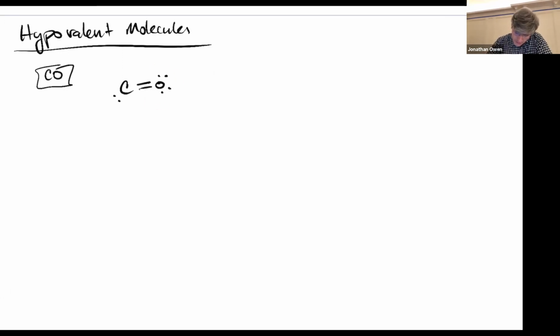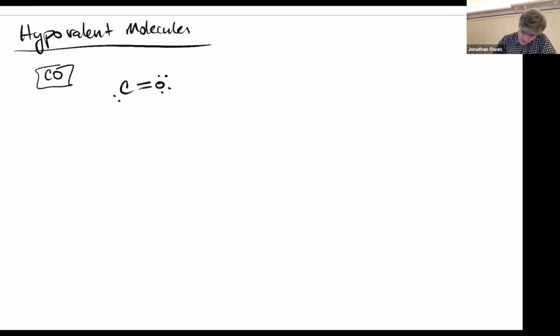Oxygen looks okay. Oxygen makes 2 bonds and has 2 lone pairs. That's normal. Carbon has 4 electrons and it used 2 of them to make bonds to oxygen. And there's a lone pair on the carbon to use up all of the valence electrons that it has to contribute. But carbon with 2 bonds sort of looks wonky, right?